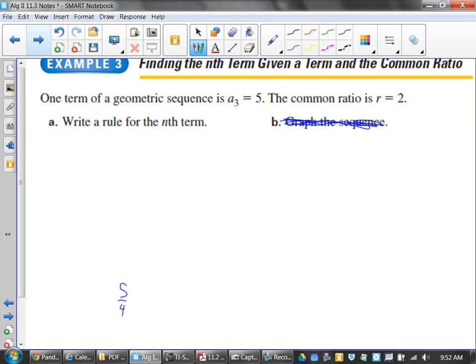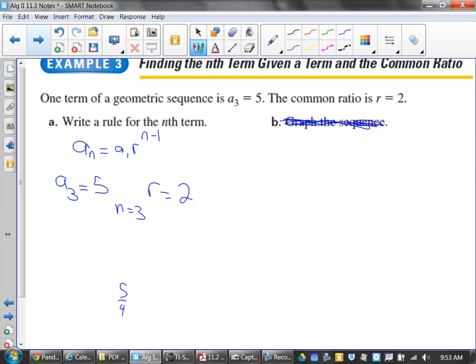Now, if I want to write the rule for the nth term of the geometric sequence, and I know that the third term equals 5 and the rate is 2. If the third term is 5, what's the value of n? 3. Oh, duh.